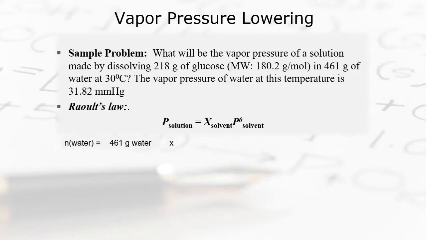Because you've done it so many times. So H2O, 2 hydrogens and 1 oxygen, that's 18.02 grams in 1 mole of water. Let's make sure the grams of water cancel out. So now we have the moles of water. Just do a quick calculation there, 3 sig figs, because that's what the grams of water have. So we had 25.6 moles of water in this sample.